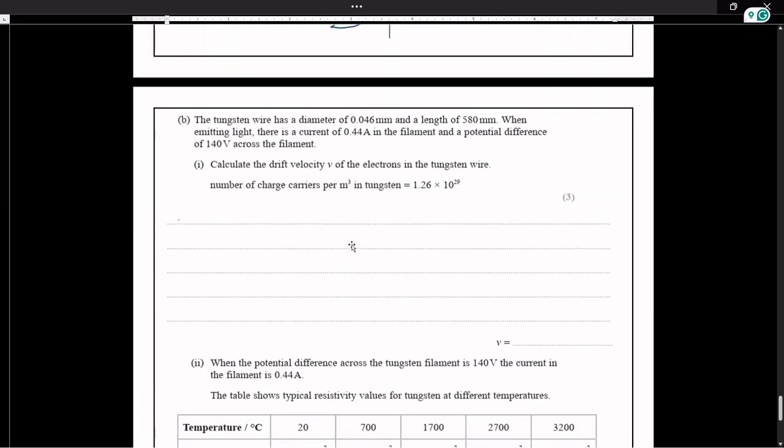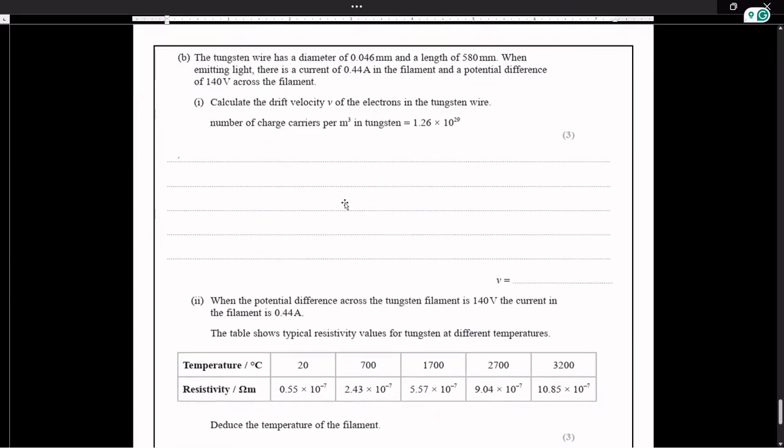Now let's see the next part. Calculate the drift velocity of the electron in the tungsten wire. Number of charge carriers. I think this is a direct question. So here the resistance is given.